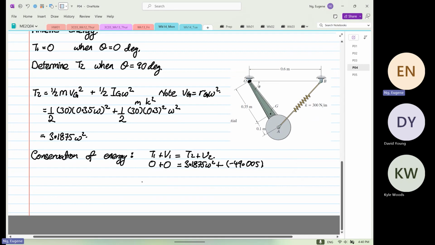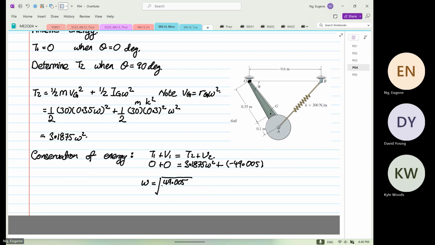From here, omega will be equal to the square root of 49.005 divided by 3.1875, so it's 3.92 radians per second.